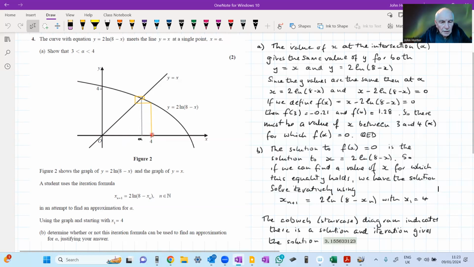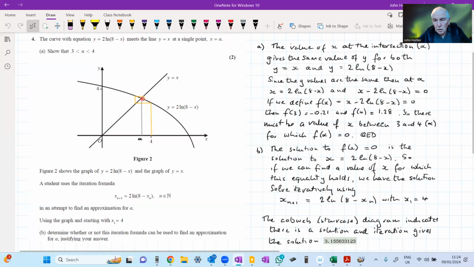What we're sort of doing is going up to the curve, along to here. Actually, what we should have done is gone there, down there, and back up there. But we've saved ourselves a bit of travel, haven't we? We've saved ourselves that, and that. Because when we've hit the curve, we've hit the straight line, then we've just gone up to the curve. To the straight line, curve, straight line.